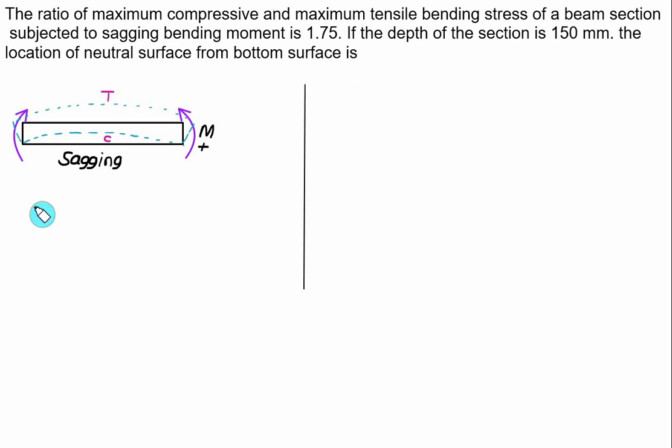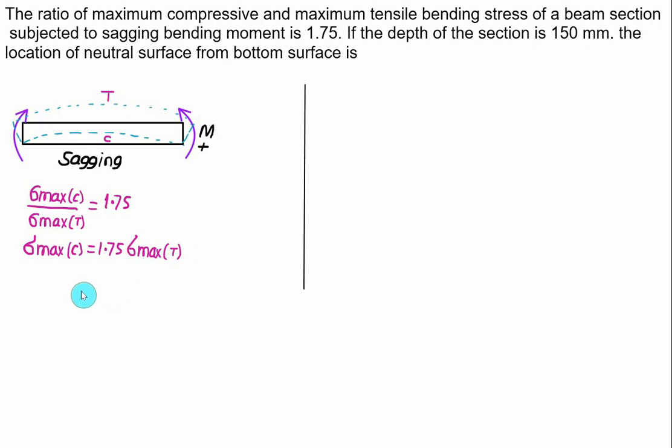But in addition to that, we'll confirm the value of the maximum stress magnitude in compression and in tension. So we have the maximum compressive stress, sigma max compressive, to sigma max tensile. This ratio is given as 1.75, which clearly indicates that the maximum stress in compression is equal to 1.75 times the maximum stress in tension.